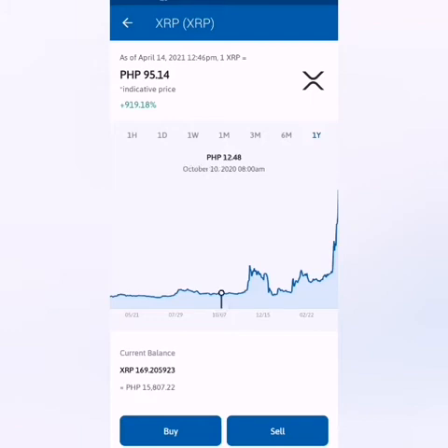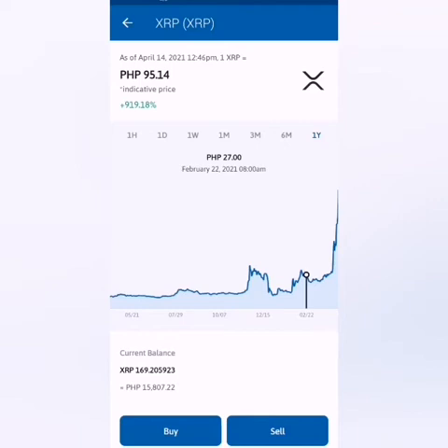I was lucky enough to be able to buy it when it was at 27, 28 pesos, and then I already took profit on that when it doubled to 40 something pesos. And then I bought it again at 40 something pesos, and then I took profit again when it was valued at 60 something pesos.